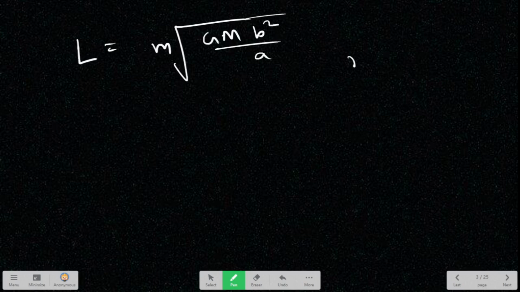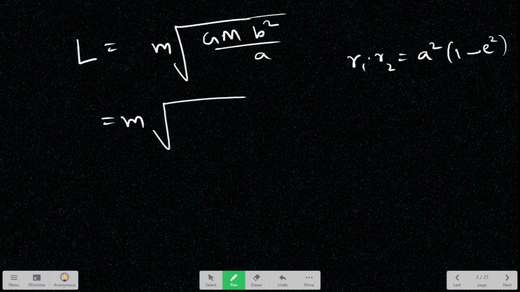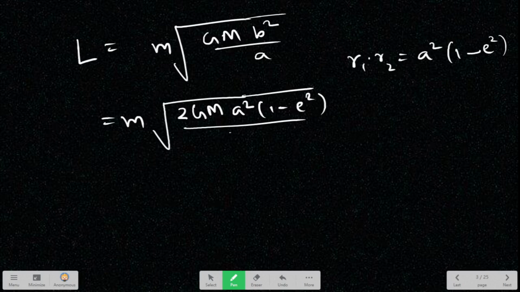Or if you use the result R1 into R2 is equal to A square into 1 minus E square, you get L is equal to m into root of 2GM A square into 1 minus E square divided by 2A. 2 cancels and 1 A cancels.